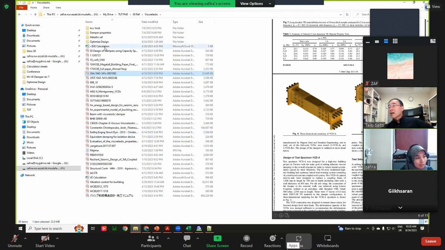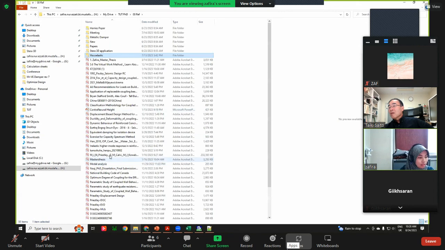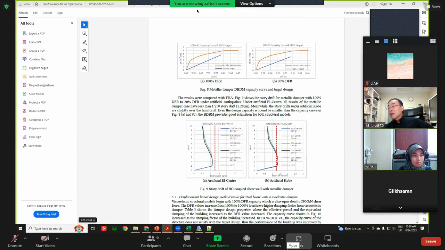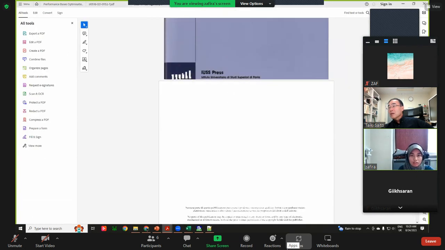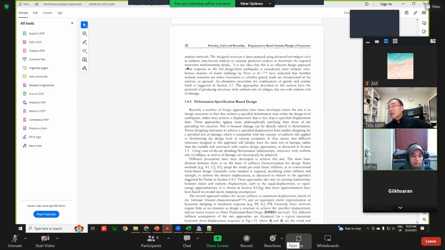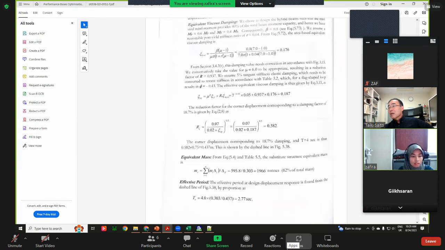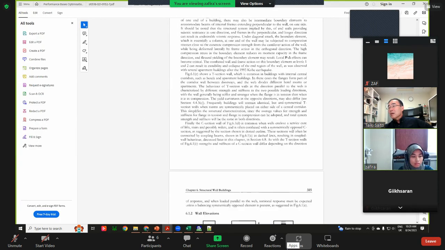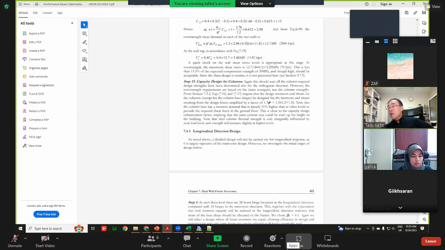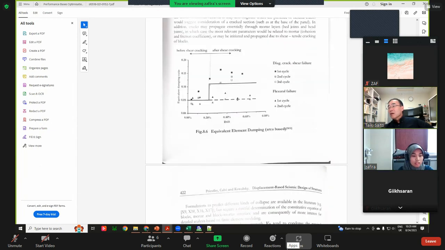Because last time I tried, but let me try. I think in Priestley they discuss it in chapter 11. It's simple, right? They just multiply, for example, the degree of coupling influenced by the beam.